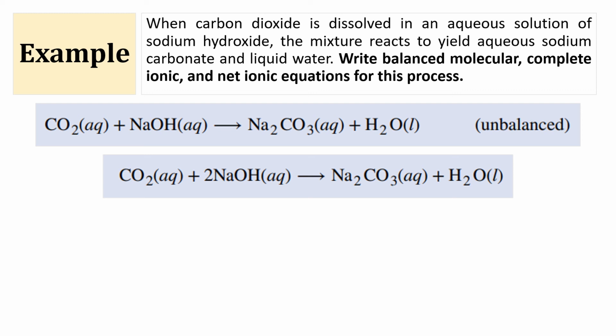The two dissolved ionic compounds, sodium hydroxide and sodium carbonate, can be represented as dissociated ions to yield the complete ionic equation like this.